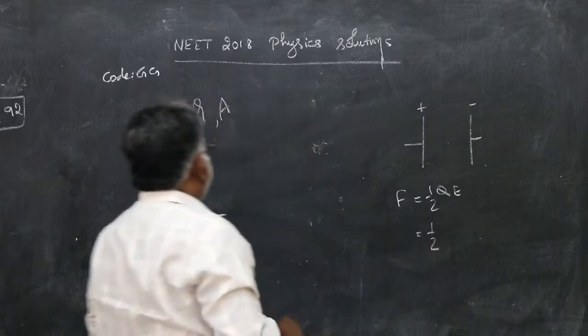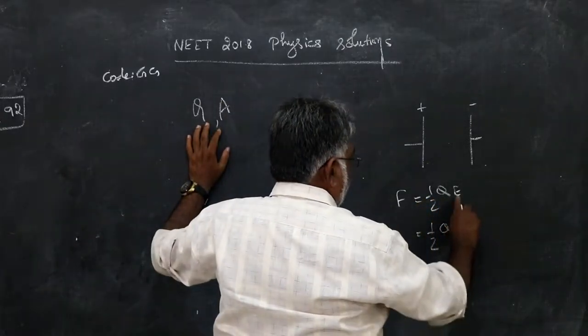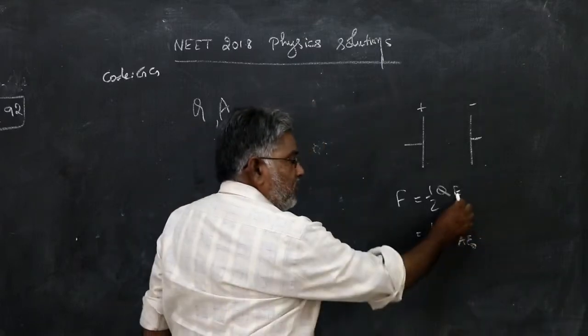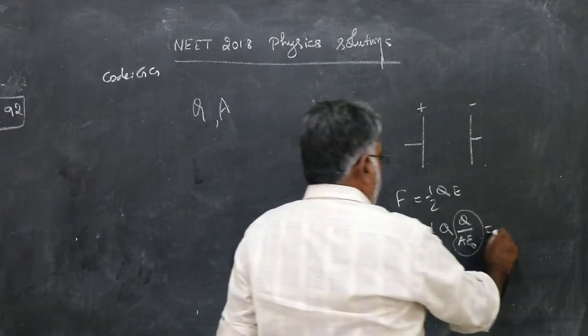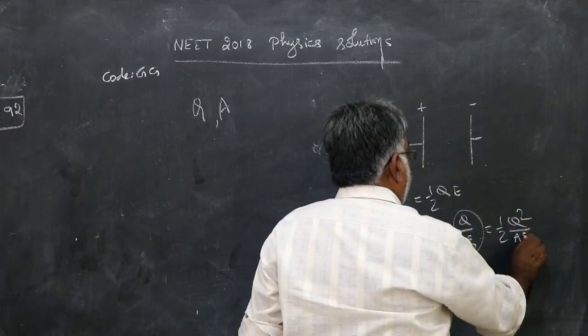But the question involves A, so you write Q as it is. For this E, Q by A epsilon naught. This is the formula for the electric field inside a parallel plate capacitor. Therefore, the answer is half into Q squared by A epsilon naught.